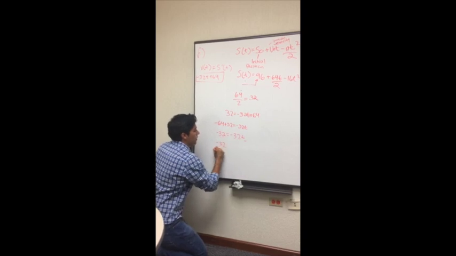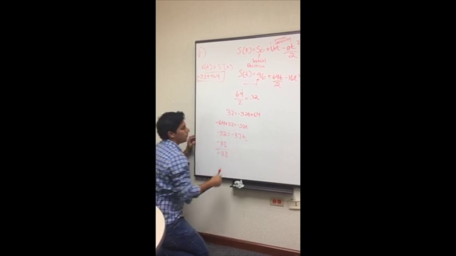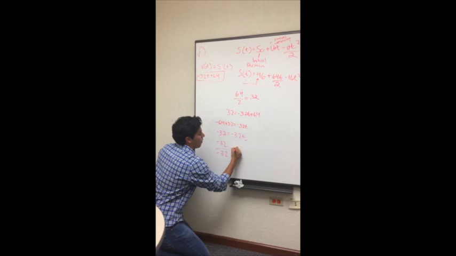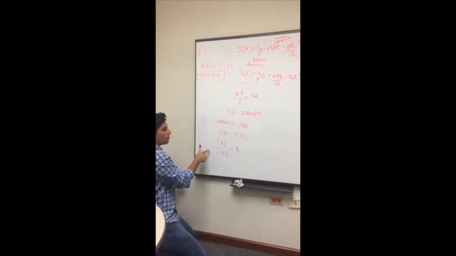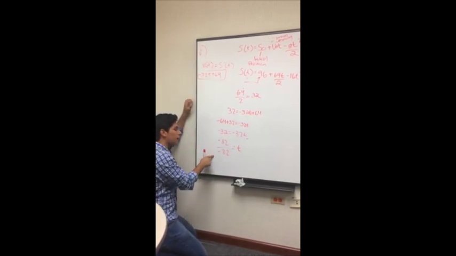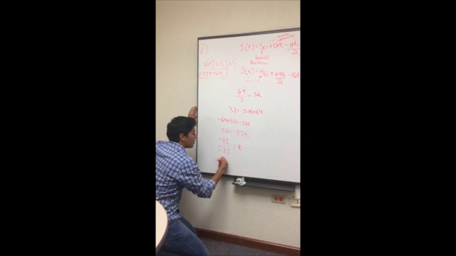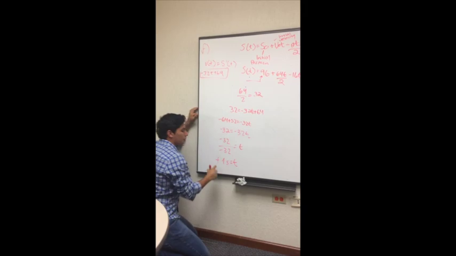Minus 32 divided by minus 32. We have time. Now minus divided by minus is positive. So we have plus 1 second. Time is 1 second.